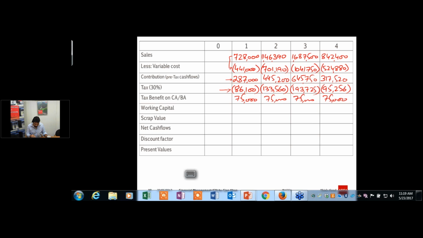We haven't deducted capital allowance and straight away calculated the tax figures. So these tax figures are slightly overstated. To adjust this to the right figure, we have to add back the impact of the capital allowance on the tax. So we have added 75,000.